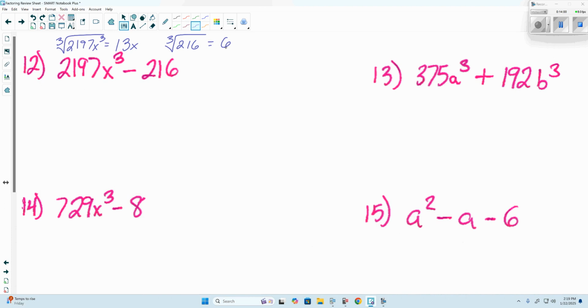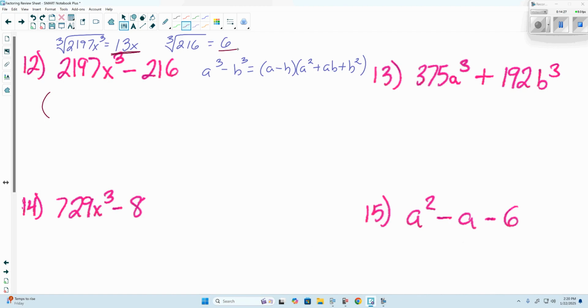Now, the general form, a cubed minus b cubed, is a minus b times a squared plus ab plus b squared. So what's a in our case? A is 13x, b is 6.